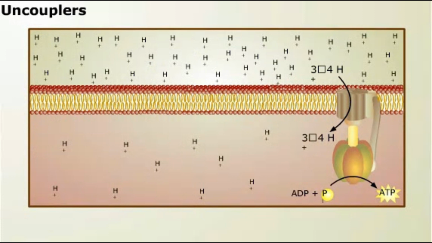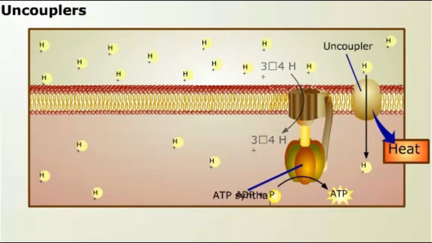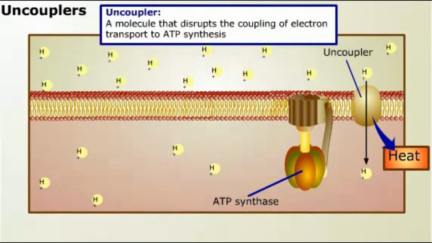Inhibitors are valuable research tools. These molecules are often used to study enzymes and have important applications in the development of new drugs. One class of inhibitors disrupts the coupling of electron transport to ATP synthesis. They're called uncouplers.